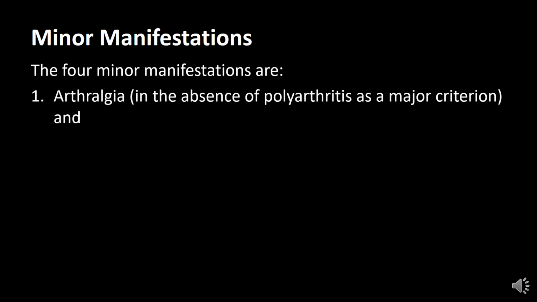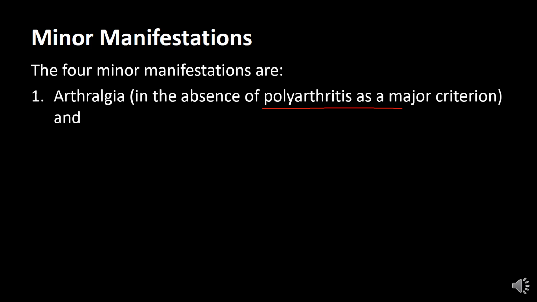Number 1 is arthralgia. This is the presence of joint pains which does not fit the migratory polyarthritic nature of the major sign. So the child may have joint pains or discomfort, but it doesn't quite fit the description of migratory polyarthritis.